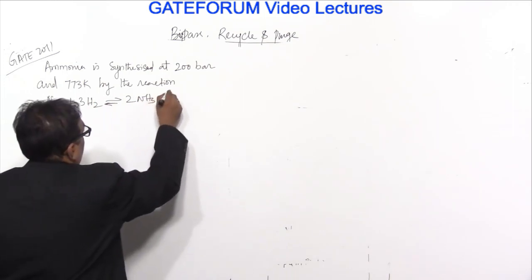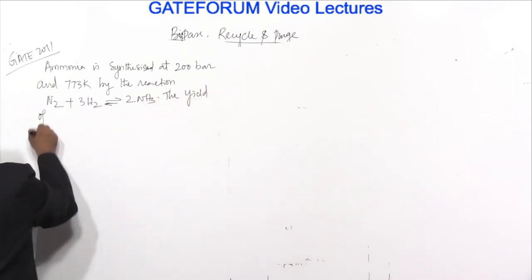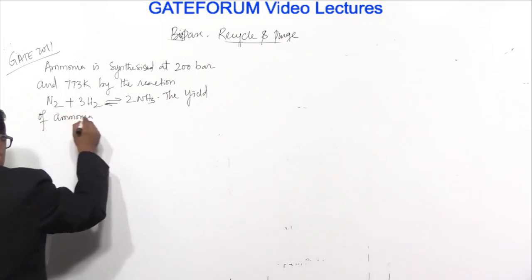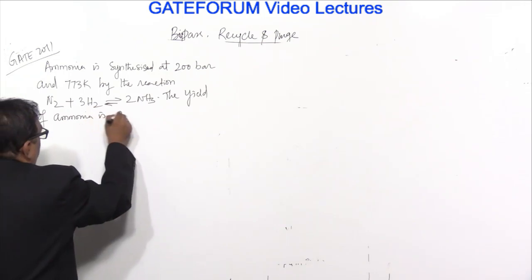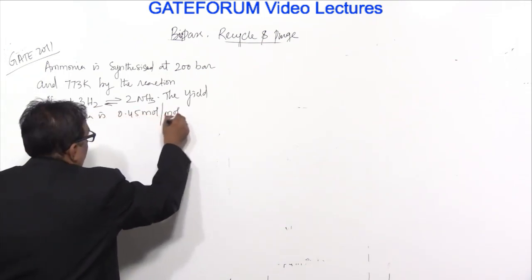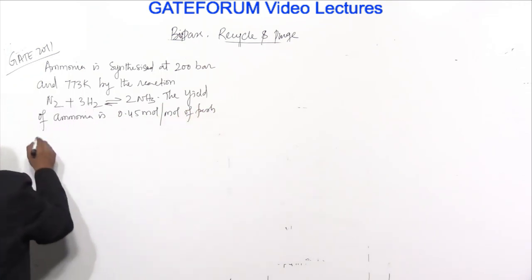The yield of ammonia is 0.45 moles per mole of fresh feed.